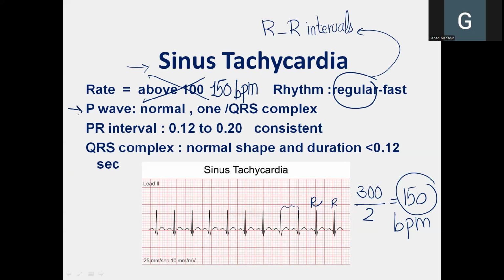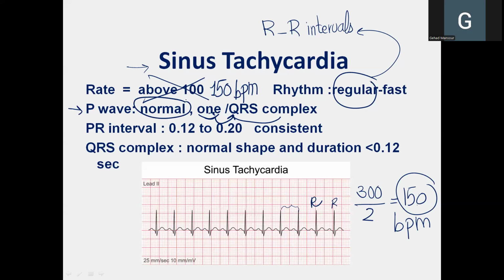Concerning the P wave, you should say that we have one P wave before each QRS complex. What does this mean? This means that when every QRS complex is preceded by a normal P wave, not only has the rhythm been generated in the sinoatrial node, but it has also been normally conducted across the AV node to the ventricles.